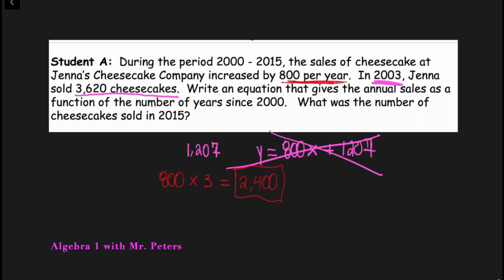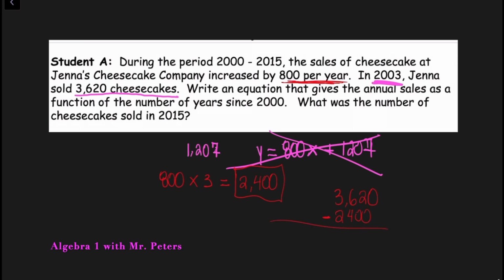Now what we're trying to figure out is how much more does she make in addition to the 800 per year? So for us to figure that out, we're going to subtract the total amount of cheesecakes, 3,620 after 3 years, and we're now going to take out the standard 800 she has every year, right? Because every year she increases by 800.